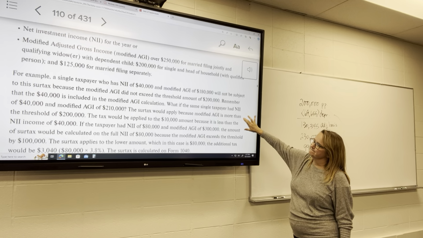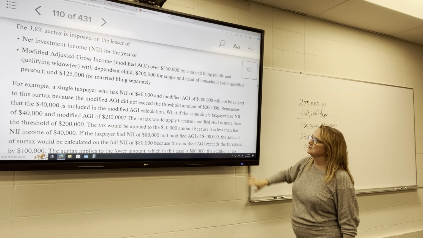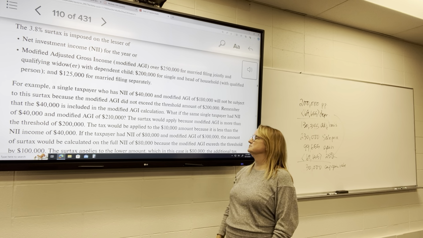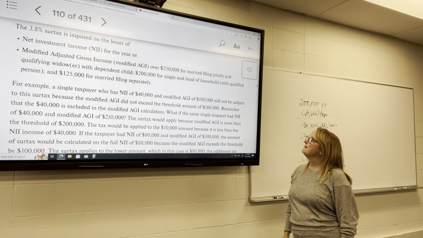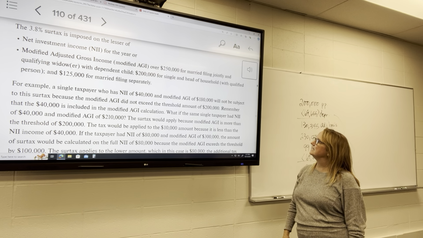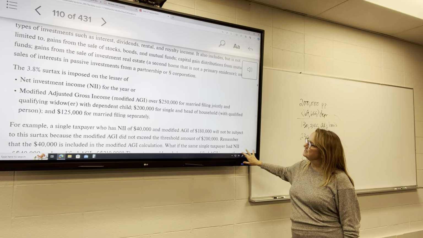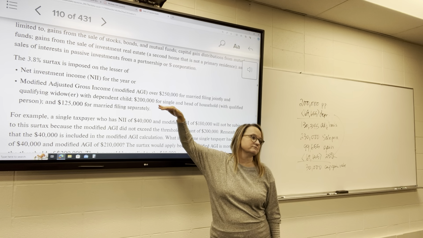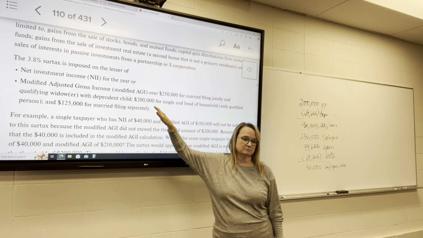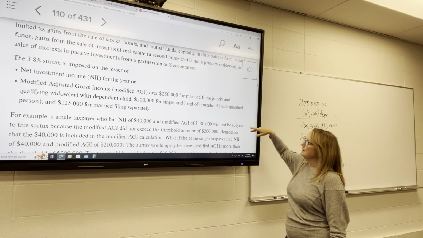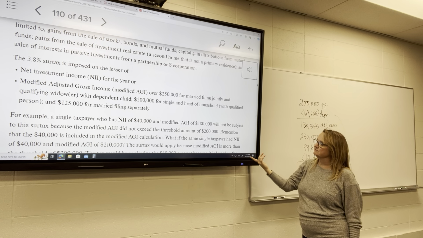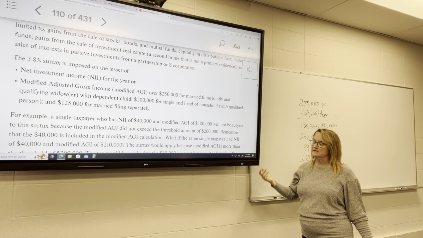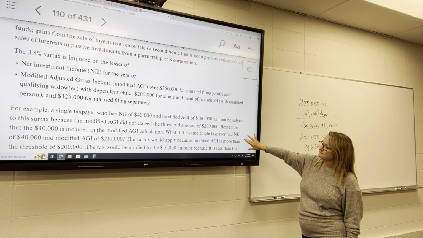All right. So let me show you how this works. Single taxpayer who has net investment income of $40,000, modified AGI of $180,000. So for single, you have to have modified adjusted gross income over $200,000 for this tax to apply. If they have $40,000 of net investment income, they're not going to have any of this net investment income tax.